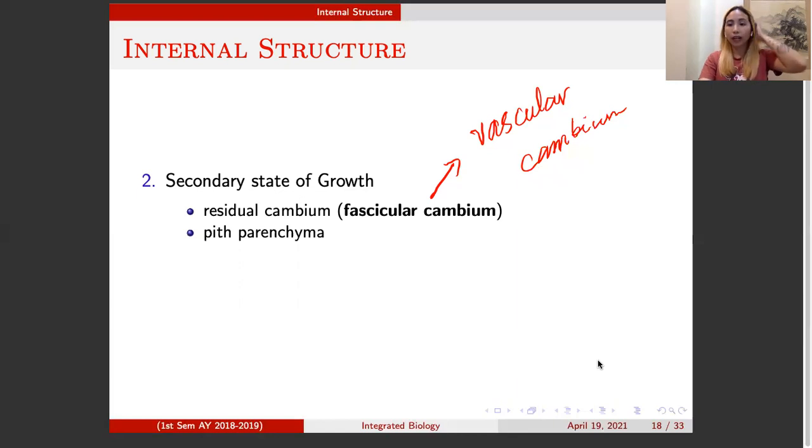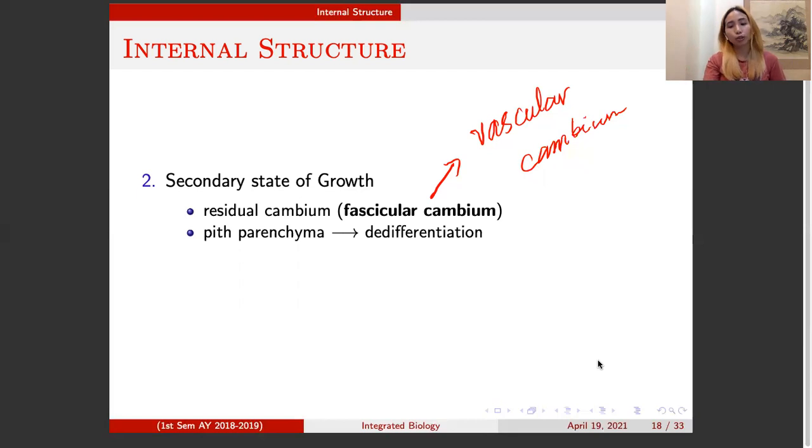So pith parenchyma would be the pith cells that are getting pushed in because of the formation of secondary xylem. Some parts of the pith parenchyma will also differentiate. Later on, I will show where this is.